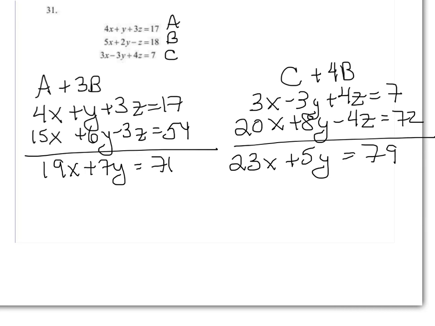So now we're going to eliminate the y variable, because these coefficients are smaller numbers than the 23 and the 19. So we're going to take this equation times 5, and we're going to take this equation times 7.